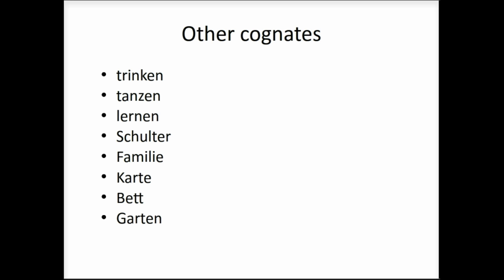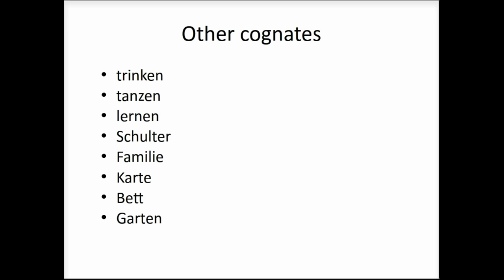For example, in the first word, trinken, if we change the T to a D, we'll recognize that word as meaning to drink. In the second word, tanzen, if we change the T to a D and also change the Z to a C, we would know that that word means to dance.